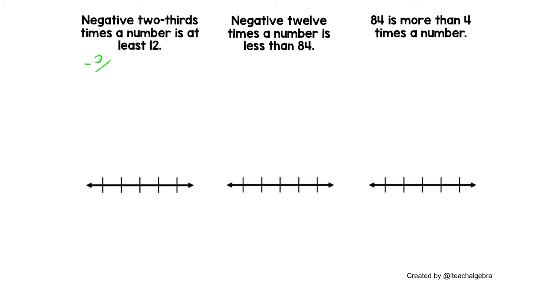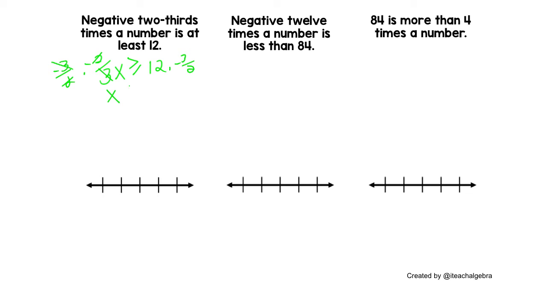-2/3 times a number is at least 12. That means it can be 12 or more, which is greater than or equal to. Remember, instead of dividing by -2/3, we're going to multiply both sides by the reciprocal, -3 halves. -3 and 2 cancel, and we're left with x.